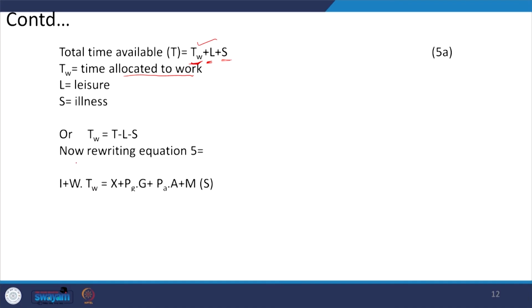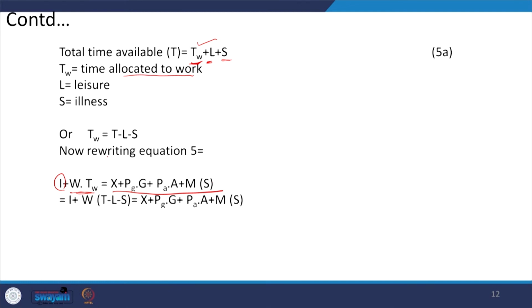On the left hand side of the budget constraint, this is the income from non-labor and this is the income from labor hours.